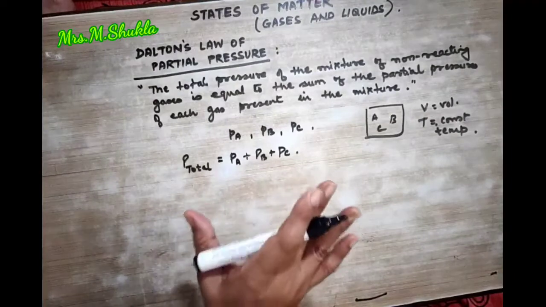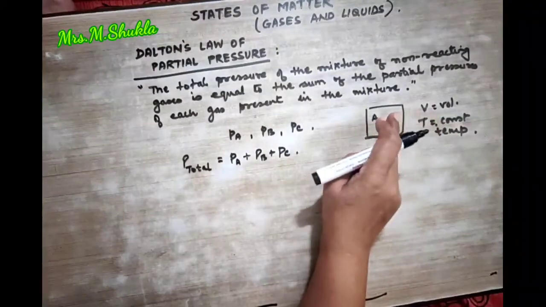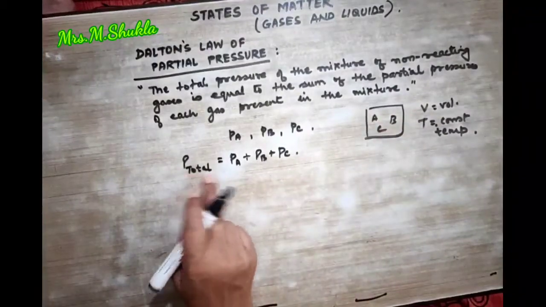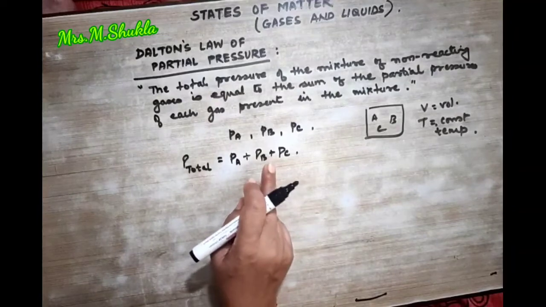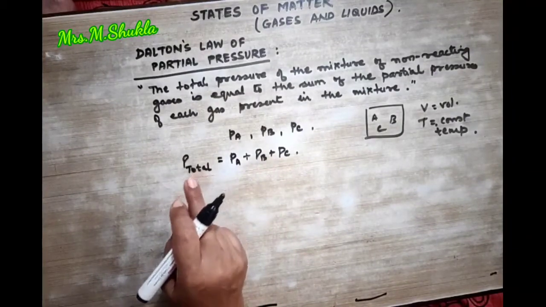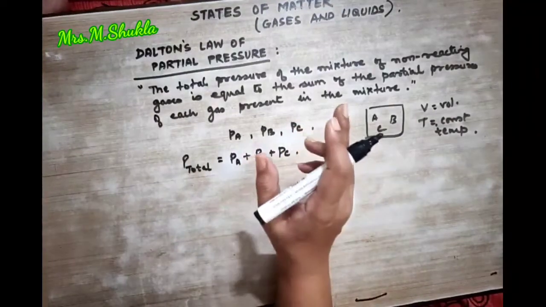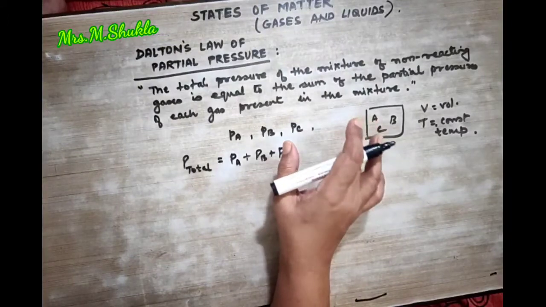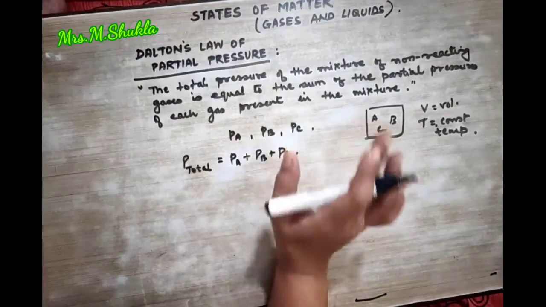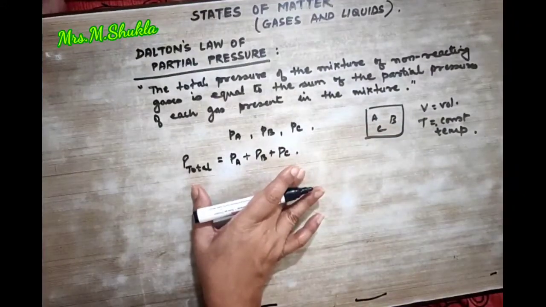The pressure exerted by a gas in a mixture of several gases is called the partial pressure of that gas. Thus, the partial pressure of a gas in a mixture is always equal to the pressure which this gas would have exerted if it alone was taken in the container maintained at the same constant temperature. I hope this part is very clear to all of you.